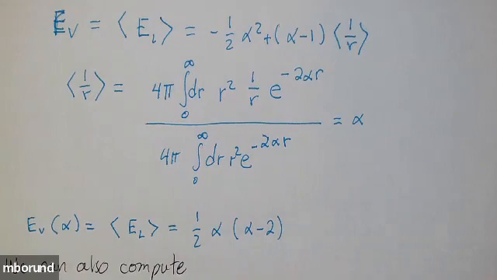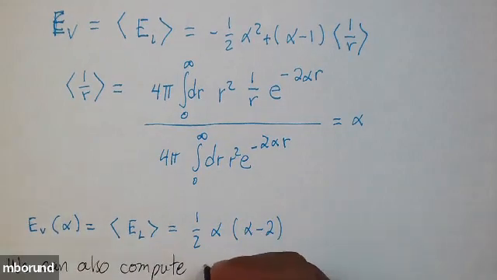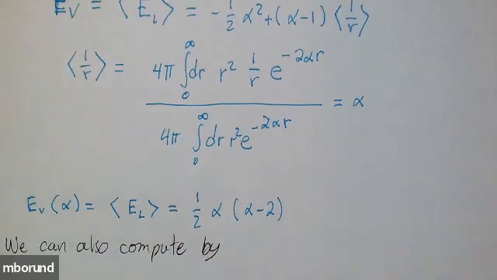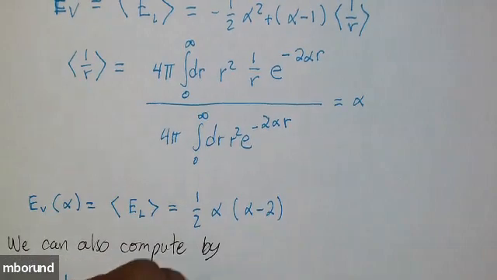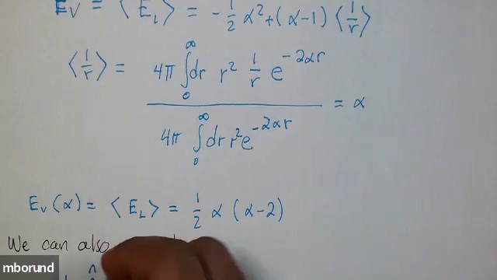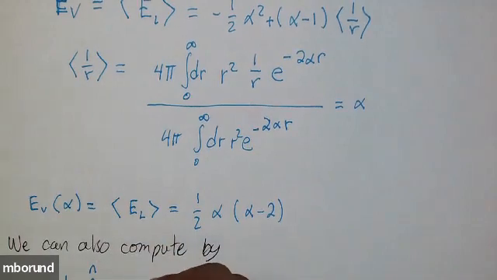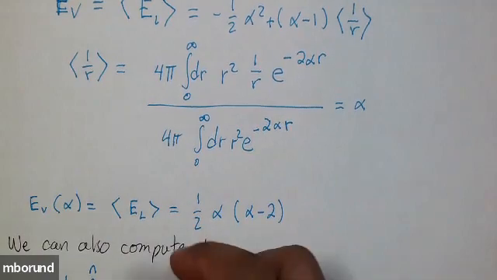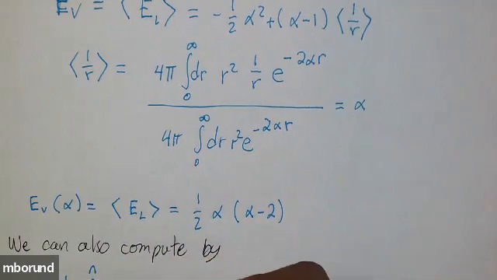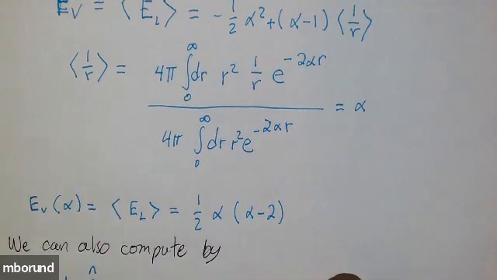But what we've been talking about is doing Monte Carlo to do integrals, right? So now we can also compute all of this by sampling and doing the following: 1/N, sum over L from 1 to N, E_L of R_L. And here, this is our vector that we're sampling, right?